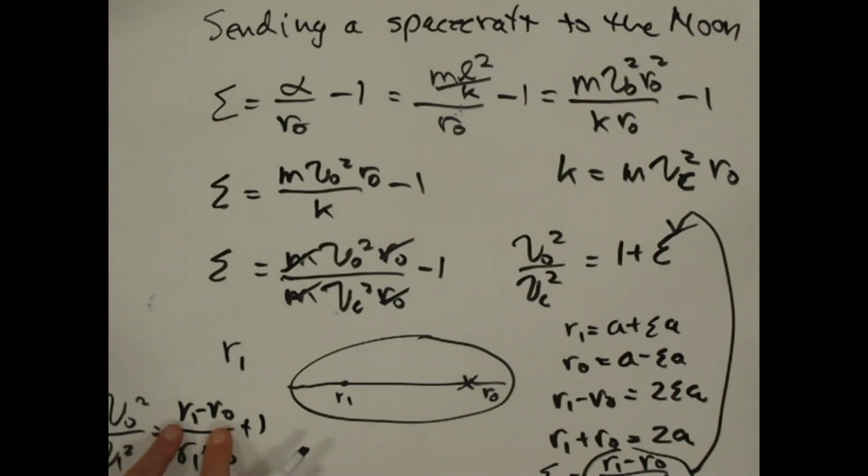This is 60 RE minus RE over 60 RE plus RE. The RE's cancel, and you get 60 minus 1 over 60 plus 1, plus 1. And so you get v0 over vc is approximately the square root of 2. It's about 1.4. And so that's what the boost has to be.